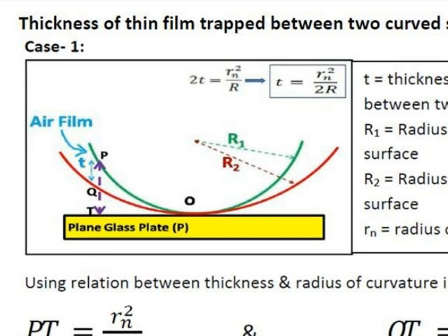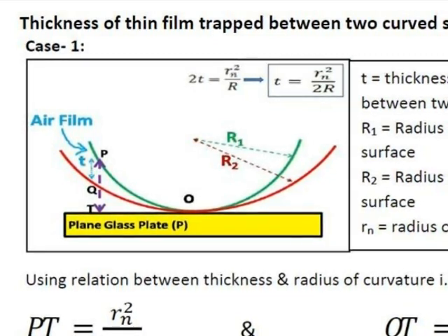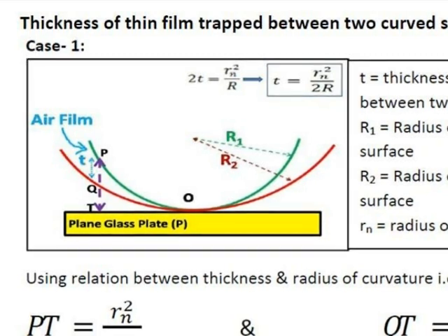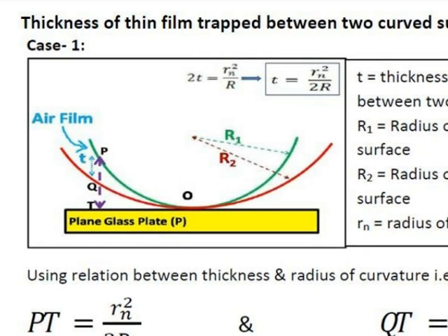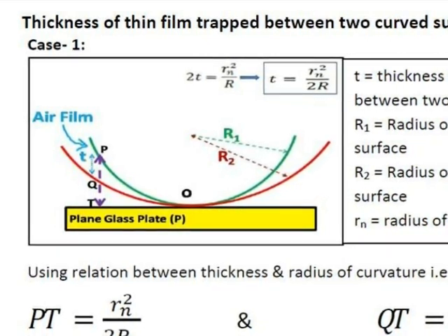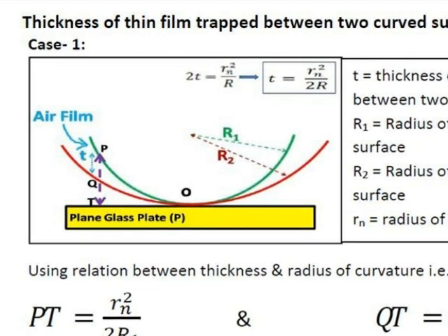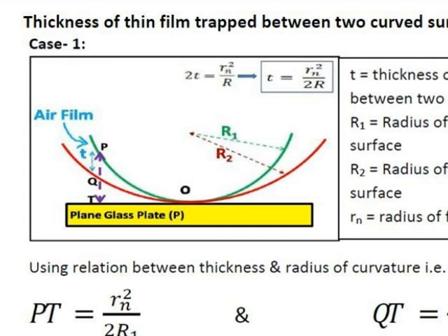Suppose the thickness of that air film is small t. In my figure, I have shown this air film by blue color. Now, our aim is to find out the thickness of this air film. I simply use the previous formulas and find out the value of this thickness t.